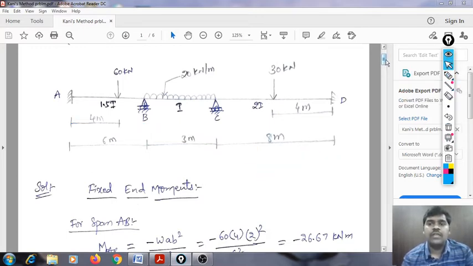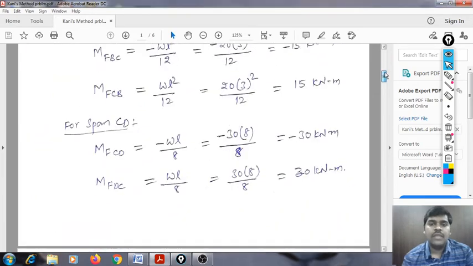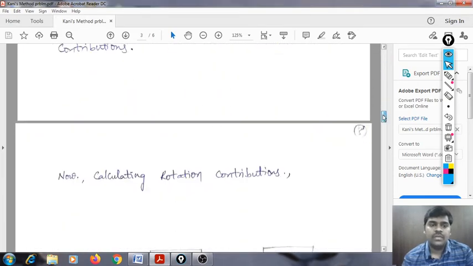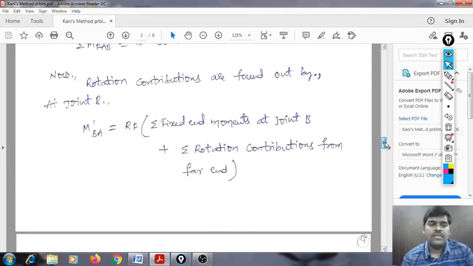So how to calculate M bar BA and M bar BC first? We have the formula: M bar BA is equal to RF, the rotation factor, into the sum of fixed end moments at joint B plus the sum of rotation contributions from the far end.